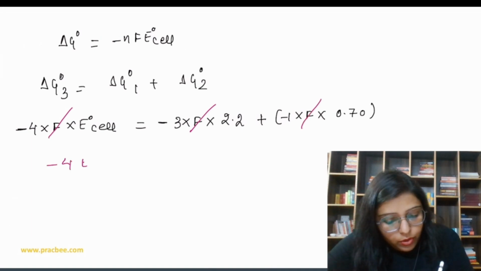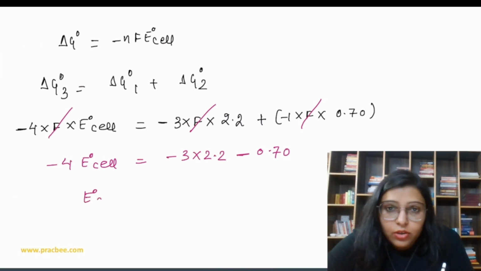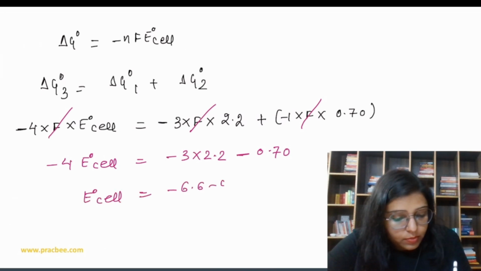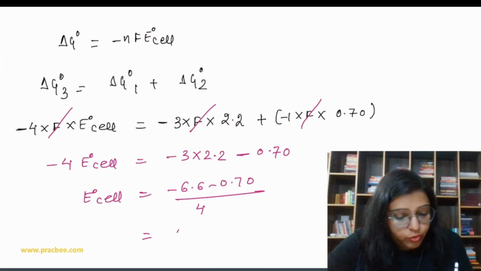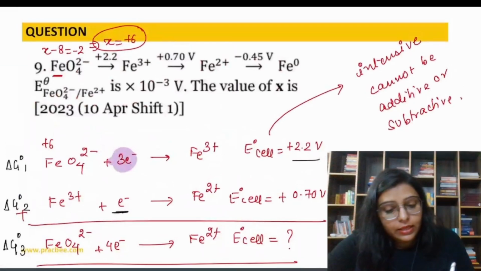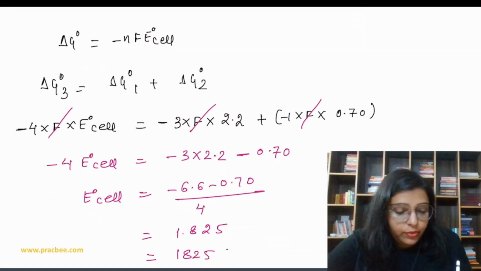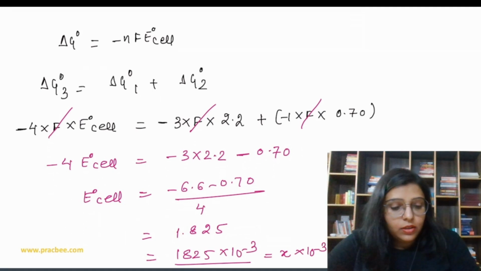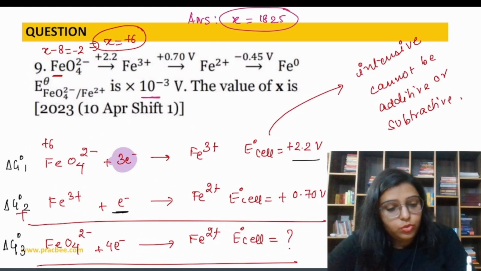So we have minus 4 E naught cell, which is equal to minus 3 into 2.2 minus 0.70. So E naught cell is going to be 6.6 plus 0.70 divided by 4. Okay, divided by 4, and when you solve this you get the answer equal to 1.825. But we have to report the answer in terms of 10 to the power minus 3. So it is equal to 1825 into 10 to the power minus 3, which you can compare with x into 10 to the power minus 3. So here the answer is x, which is equal to 1825.